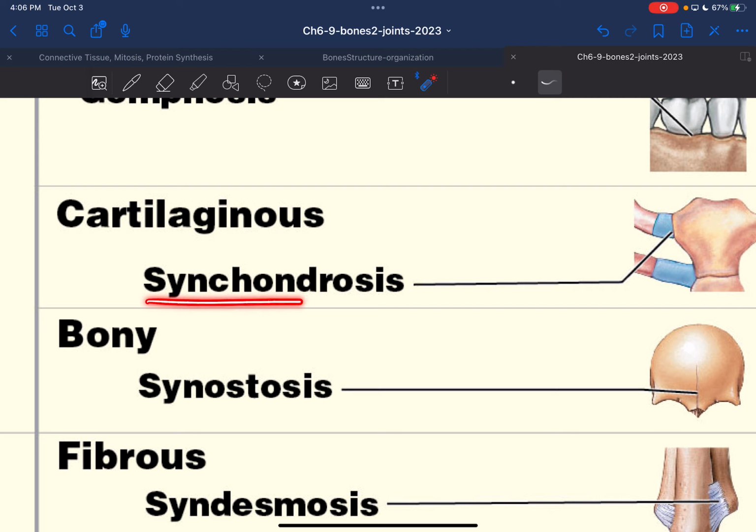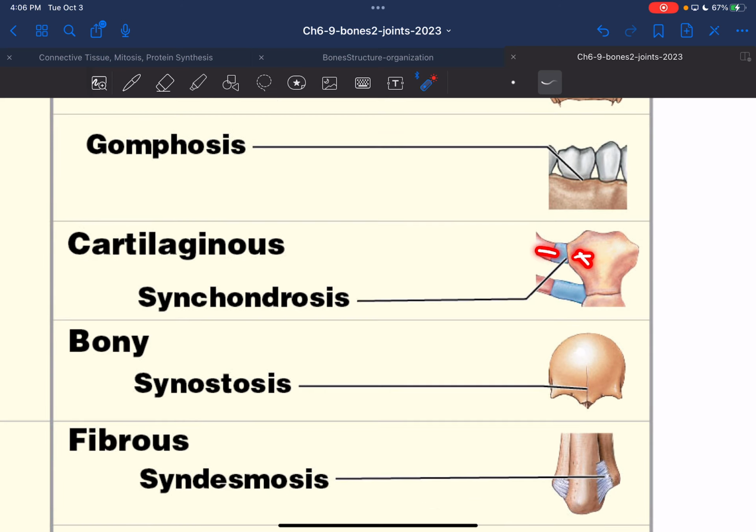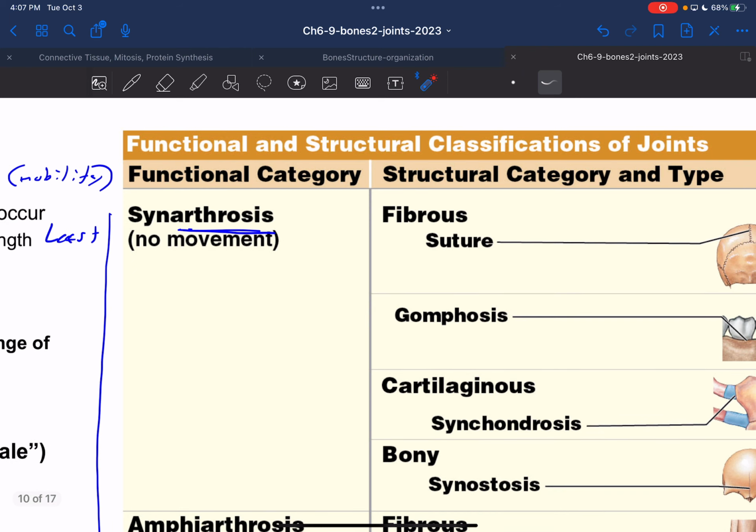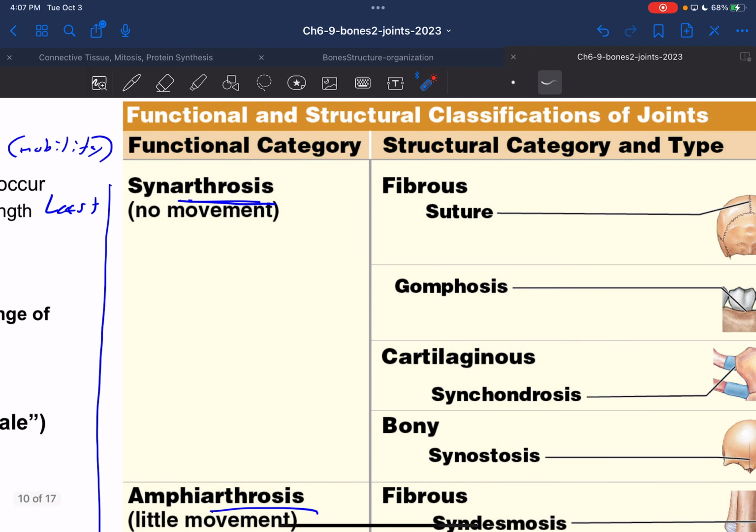It's called synchondrosis, chondro implying that cartilage. And so it's a cartilaginous joint. And so it connects bones by cartilage. So it's called synchondrosis. Its functional classification is synarthrotic, sorry. And then you might hear the words synarthrotic and synarthrosis. They mean the same thing.